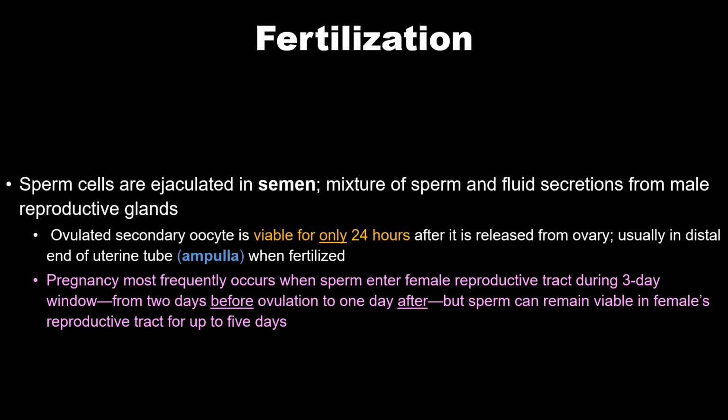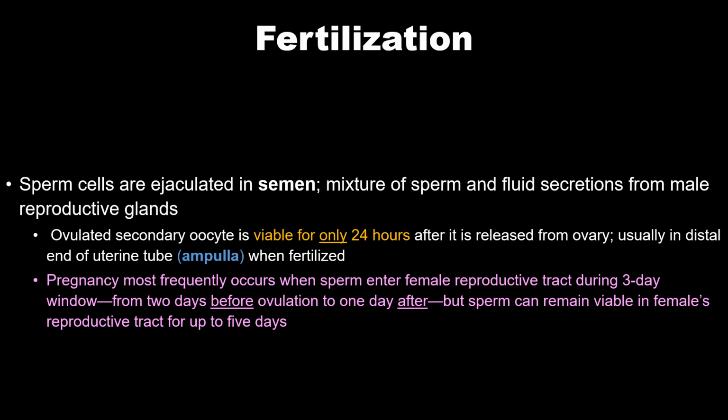All of this semen contains chemicals that make the female reproductive tract more hospitable to this sperm and give it an opportunity to complete fertilization of the secondary oocyte. Each ejaculate tends to contain anywhere from 40 to 750 million sperm cells, but only a fraction of these ever actually reach the oocyte. And many of them are going to be killed by the acidic vaginal secretions.